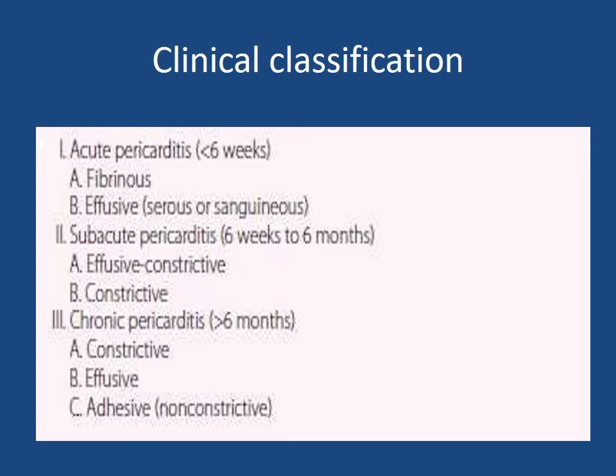If the duration is less than 6 weeks, it is called acute pericarditis. It may be fibrinous or effusive. In the case of subacute, the duration is between 6 weeks to 6 months. In the case of chronic pericarditis, the duration is greater than 6 months.